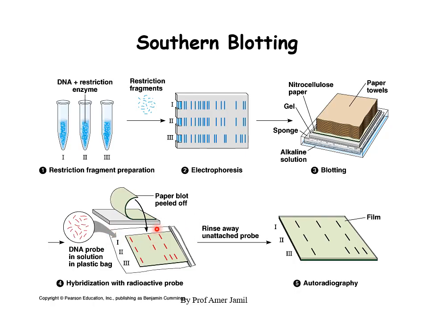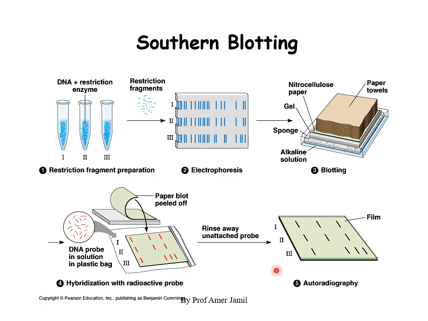So what happens here is, this is the nitrocellulose membrane. We treat it with the probe. Because this probe is single-stranded and the DNA which is transferred is also single-stranded, this probe will hybridize or join with the single-stranded DNA which is complementary to the DNA of the probe.